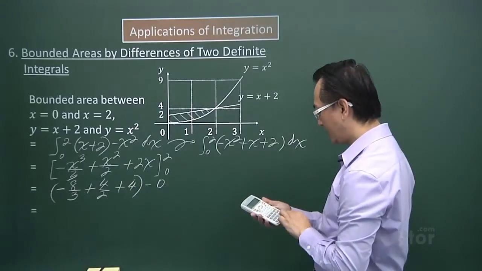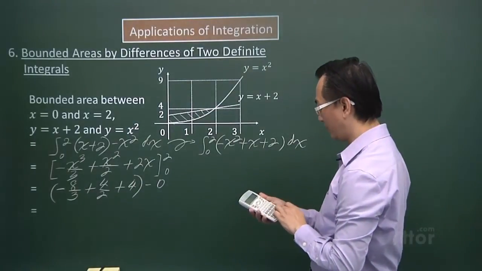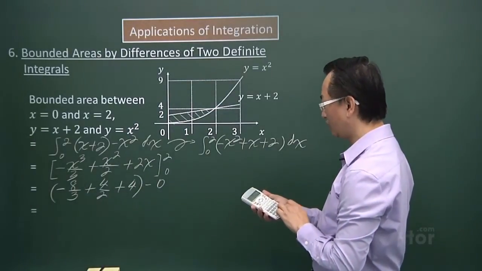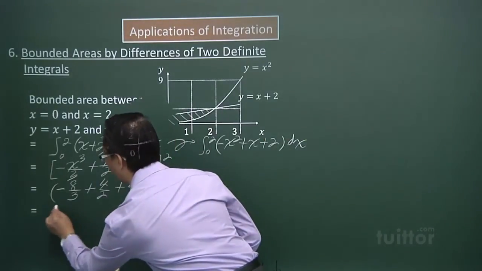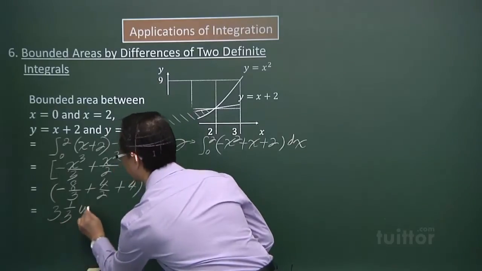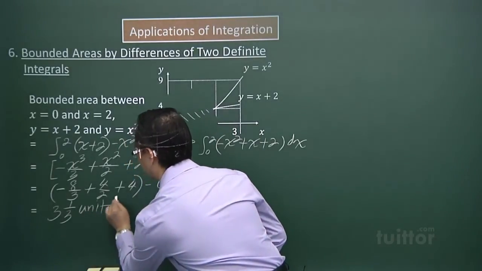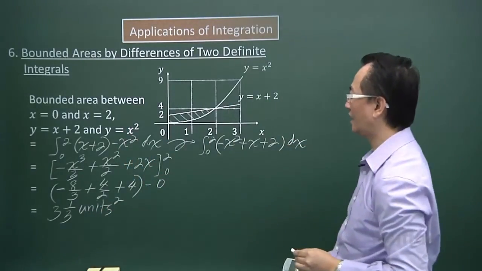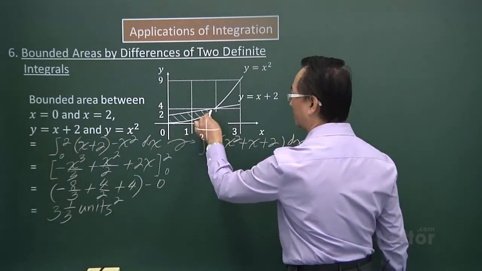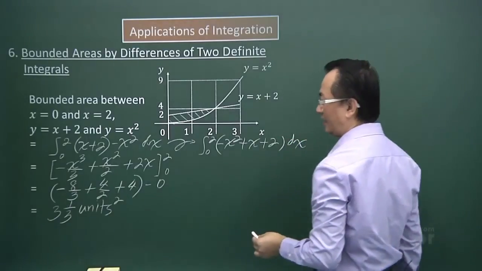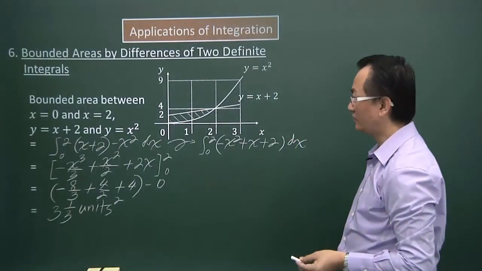So the final answer would be negative 8 on 3 plus a 2 plus a 4. I have 3 and 1/3. So this bounded area is 3 and 1/3 units squared.